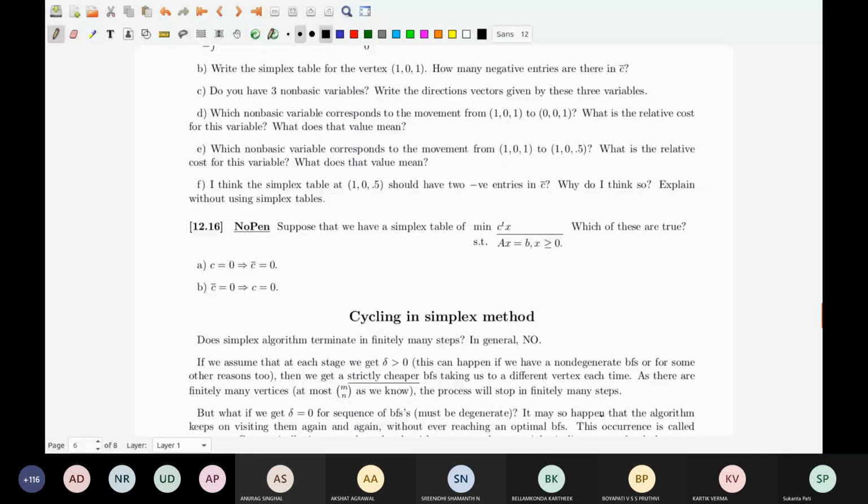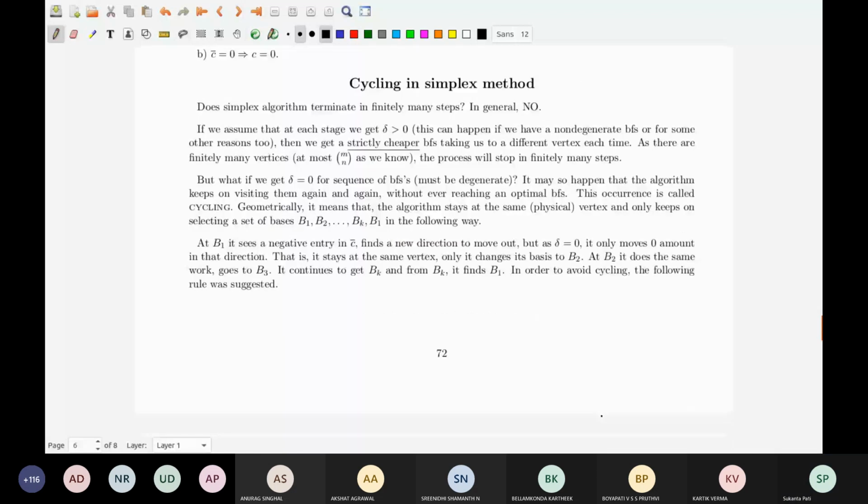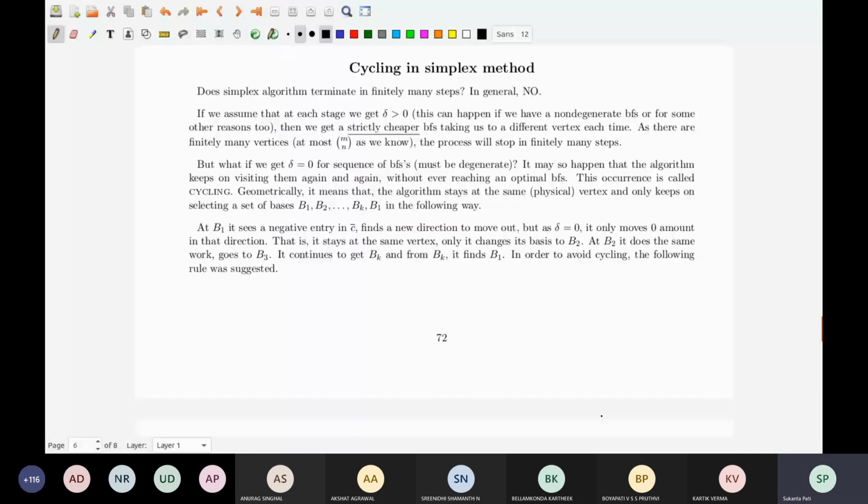This is for cycling. What happens? By the way, how did the simplex algorithm work? In order for the simplex algorithm to work, you will have to feed the computer the SLPP matrix A, the constant column B, the cost vector C transpose, and an initial basis to start with.